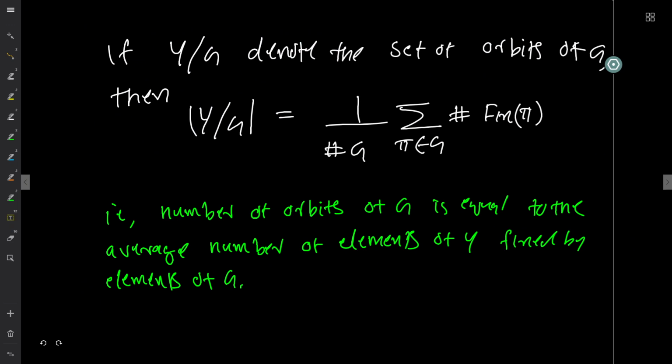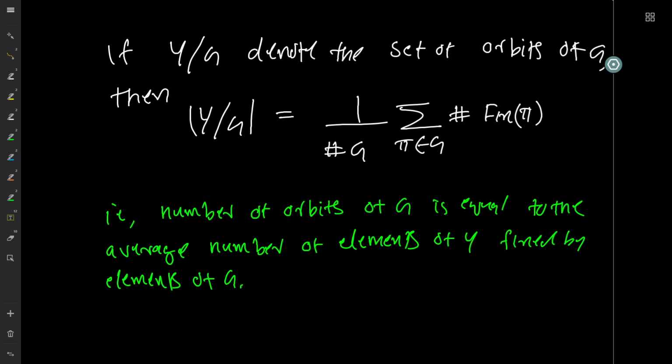Now, the lemma says that if Y mod G denotes the set of orbits of G. Okay, so what is the orbit of a group acting on a set, let's say Y? When you look at the G equivalence classes, when you have the group acting on the set, you get a partition into equivalence classes, because G equivalence is an equivalence relation, and these equivalence classes are called the orbits.